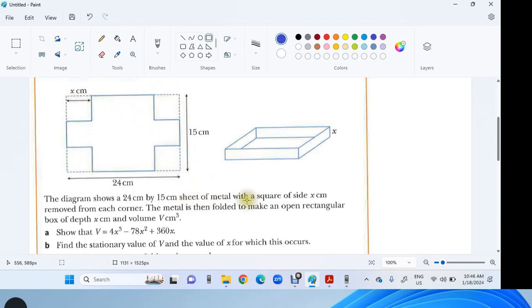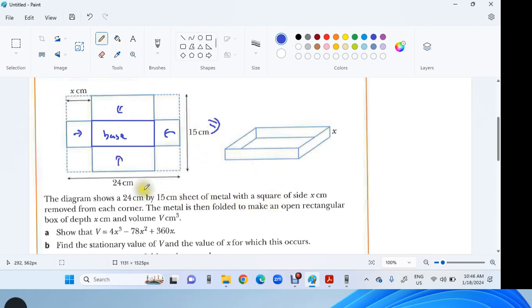The metal is then formed to make an open rectangular box of depth x cm and volume v cm cubed. Over here we have a square, and this square is actually the base for the container. Then we fold up, fold up, fold up, fold up, then it will become this one.